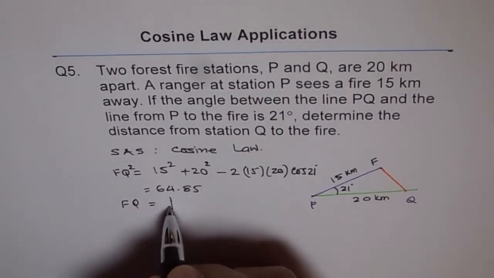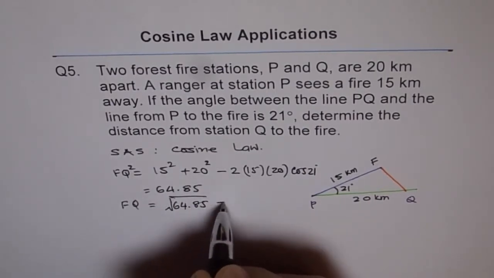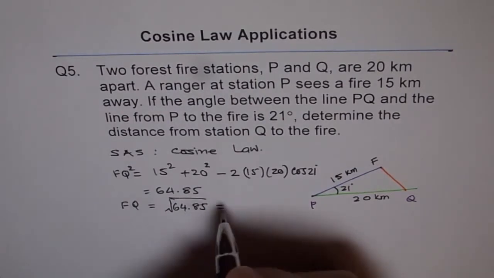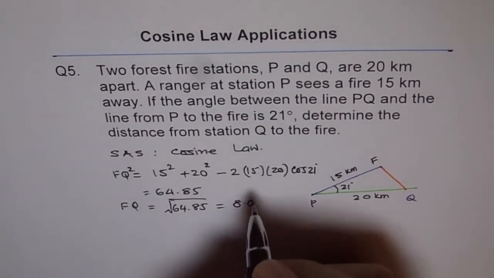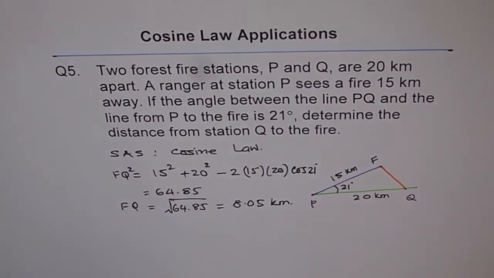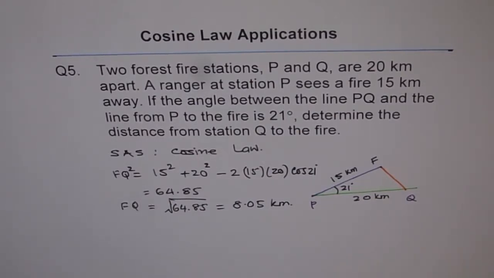FQ will be the square root of 64.85, which is equal to 8.05 kilometers. So we can say that the fire is approximately 8.05 kilometers away, correct? So that is our answer, 8.05.